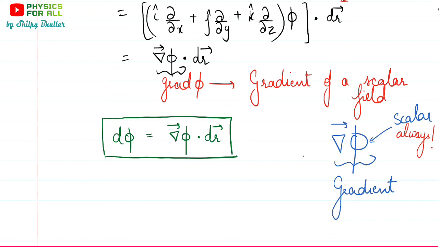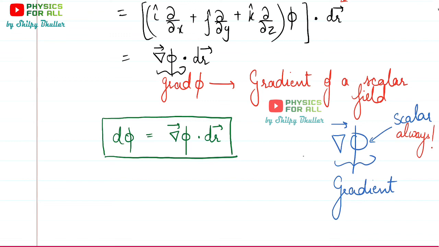In this particular video, we have just talked about how we derive the Laplacian operator and how we obtain this gradient of a scalar field mathematically. So this video was totally mathematical in nature. We have not discussed any significance or physical meaning of this gradient, and that we will do in the next video.